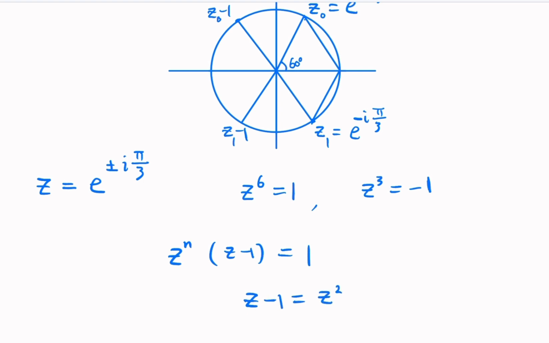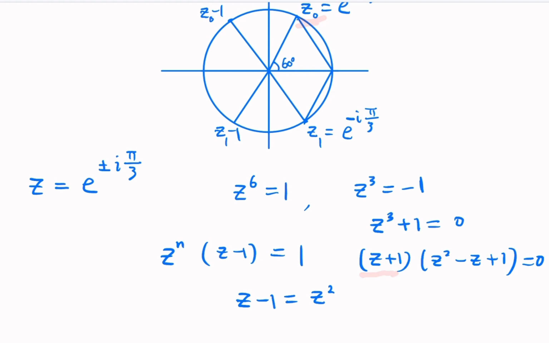All right, so why is that the case? What you can do is start from here. z to the third plus 1 equals 0, and then you factor it. So from here we know that z is not negative 1.